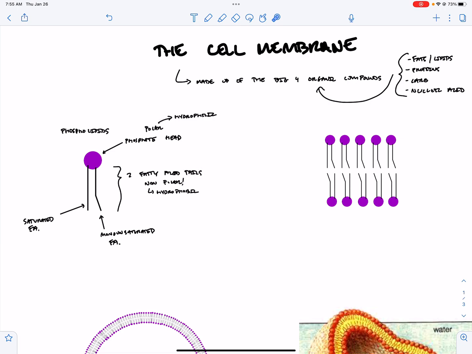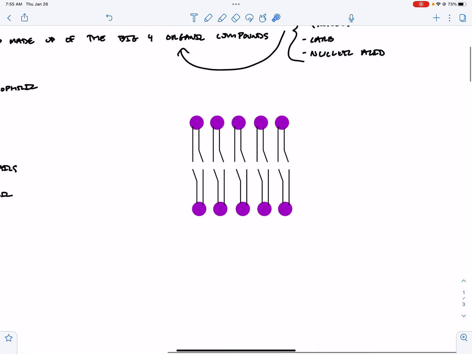Okay, so how does this manifest? What happens when a phospholipid, in conjunction with other phospholipids, encounters water? They spontaneously form a structure called a bilayer.